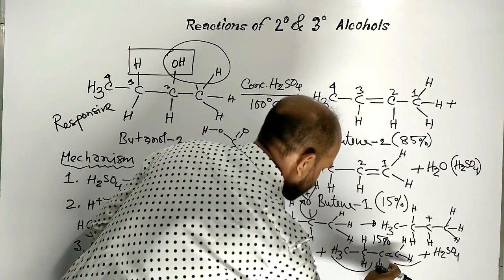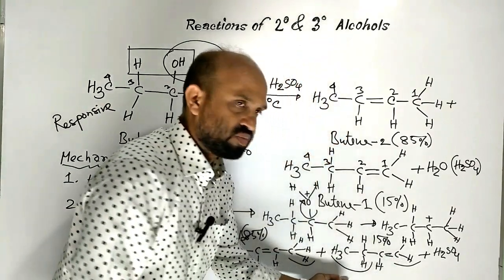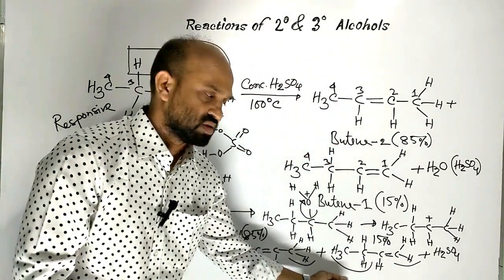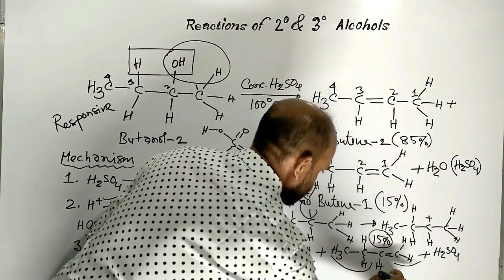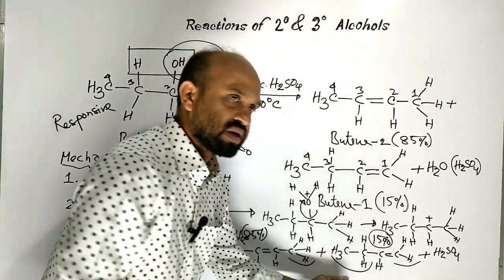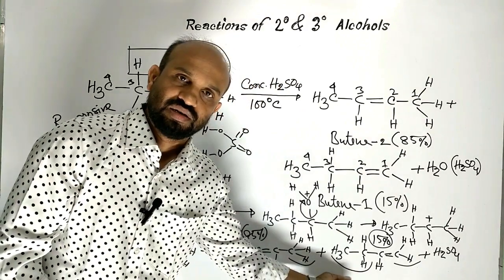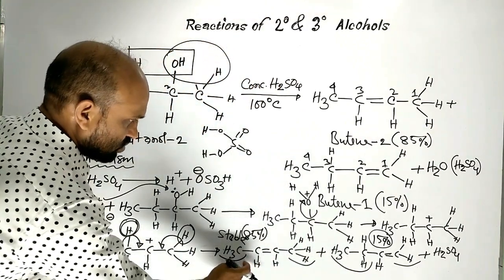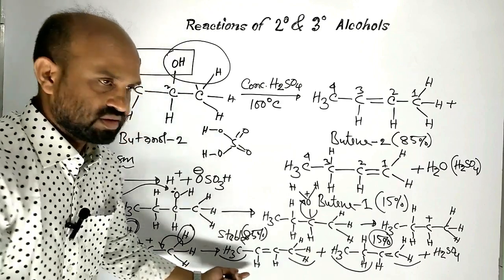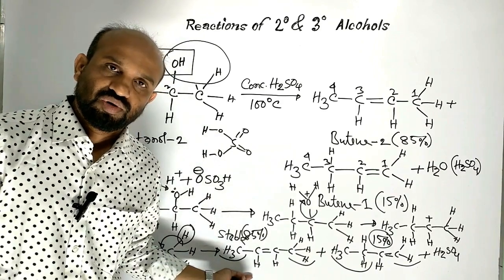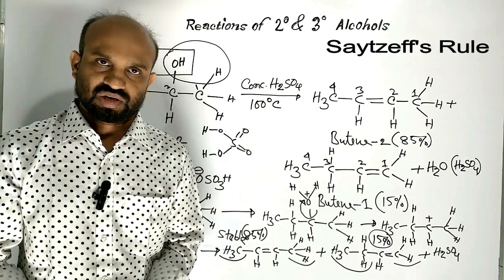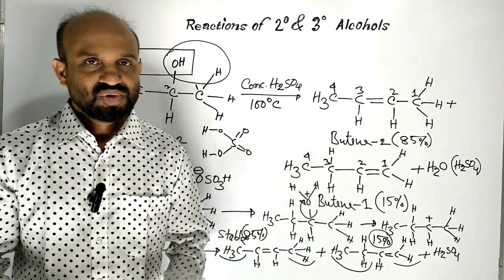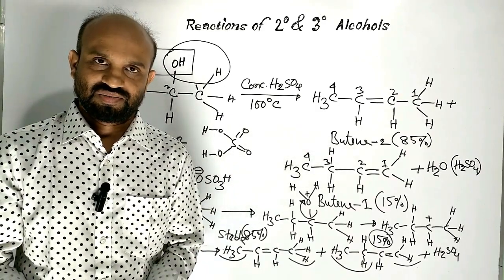As it is less stable, it is formed in small quantities, that is 15%. This is less alkylated alkene, this is more alkylated alkene. According to Saytzeff's rule, more alkylated alkene will be the major product. So butene 2 is the major product.